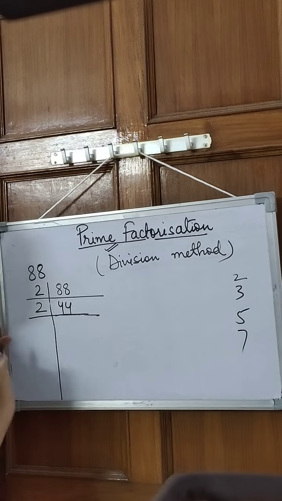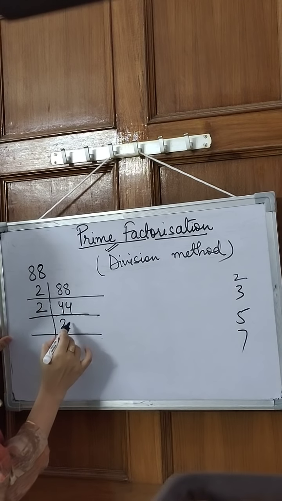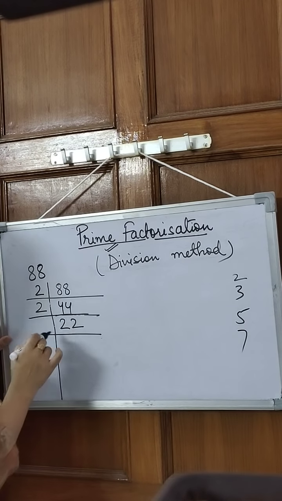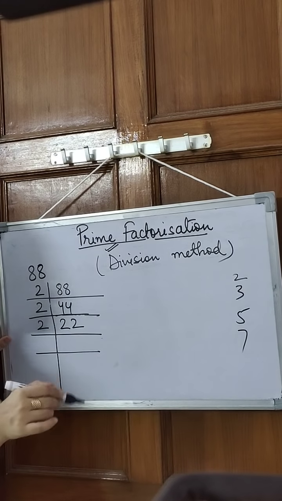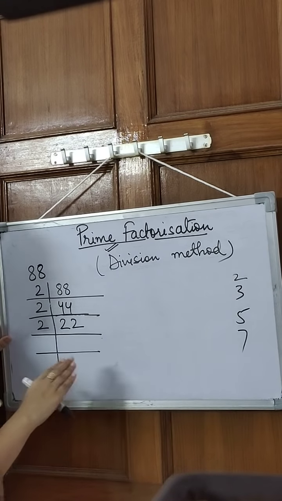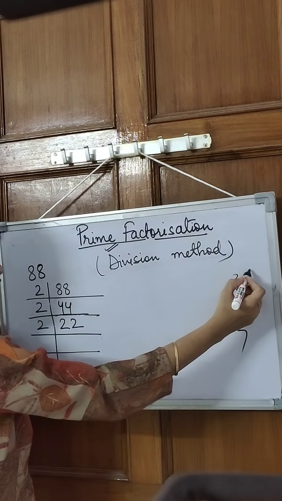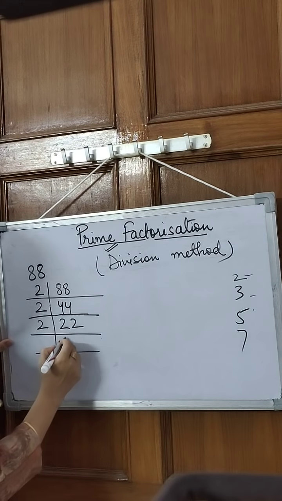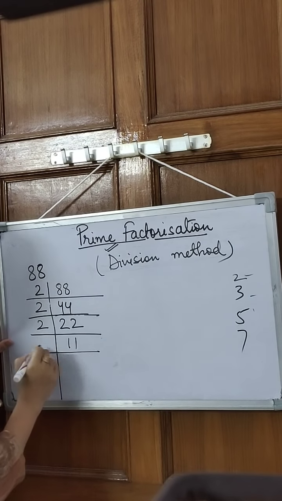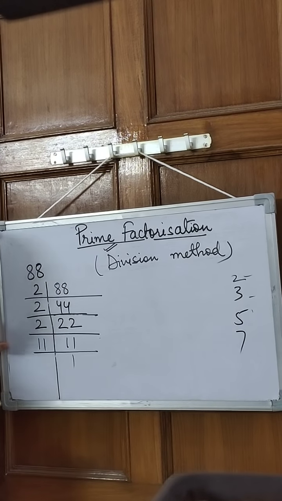I will write 2 here because I am dividing by 2. Now I will write 22. Again 22 is divisible by 2. You can see 22 is also divisible by 11, but you have to follow an order: first check by 2, then 3, then 5, in ascending order. So now this is 11. Now 11 is divisible by 11, it's a prime number, and I get 1 here.